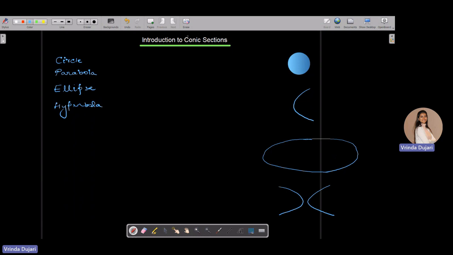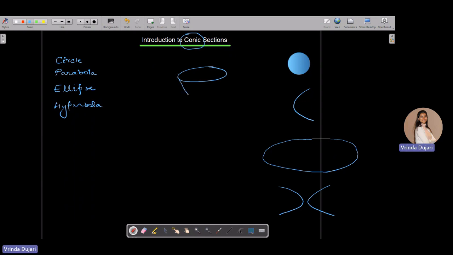But as I mentioned, why are they called conic sections? To explain that, I thought of showing you a video, because you will need to visualize this concept in 3 dimensions. Right now, on this blackboard, I can only show you things in 2 dimensions, but you know a cone. A cone looks like this.